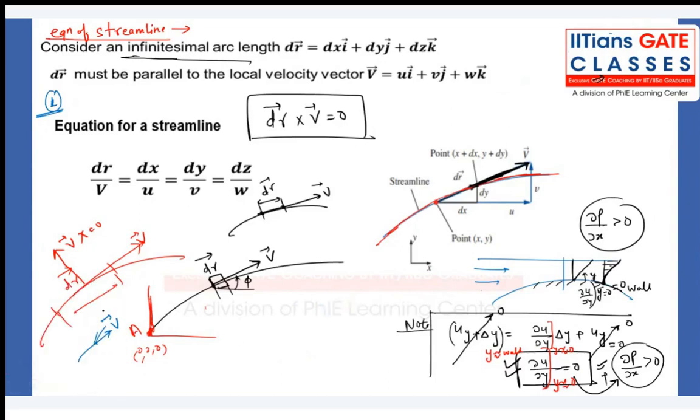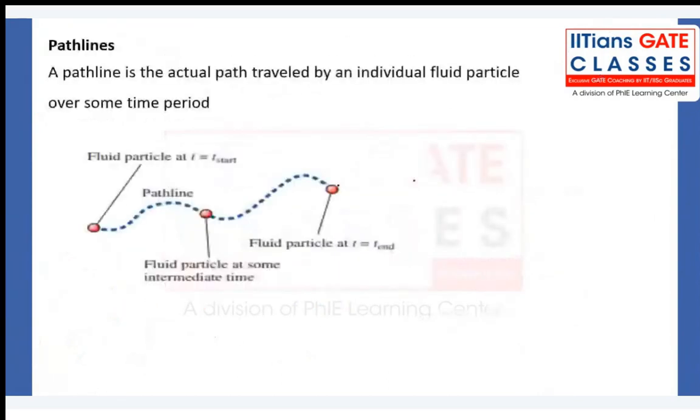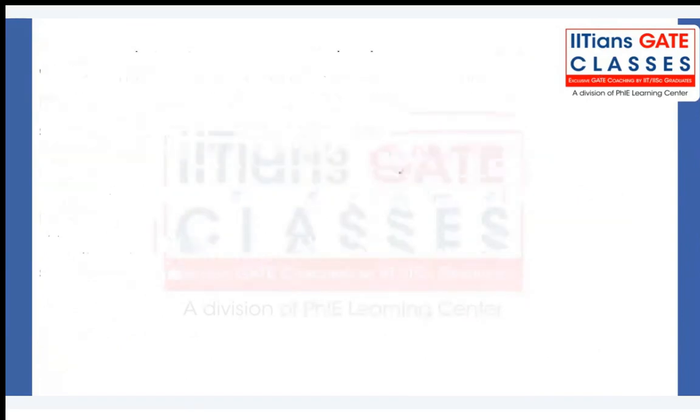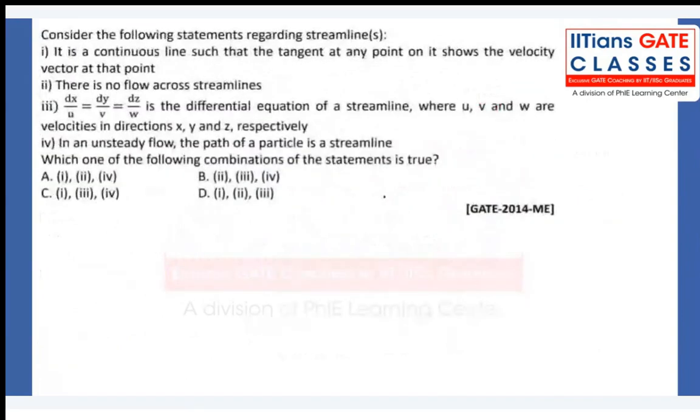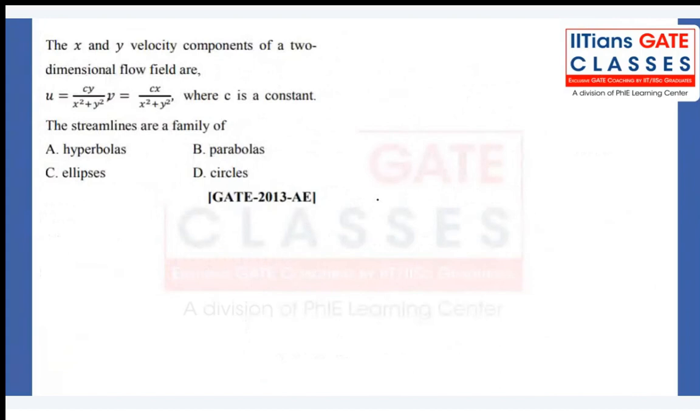Now the next particular problem that is being asked in aerospace. So when you see this one, the x and y velocity components of a two-dimensional flow field are given as something like this. In any case, the possibility you are thinking of, you will not get in any case.